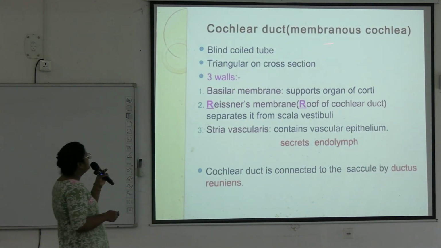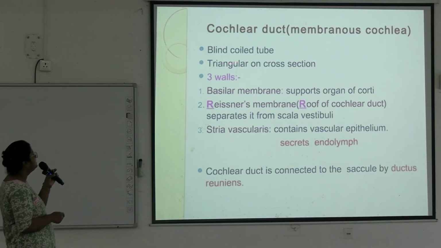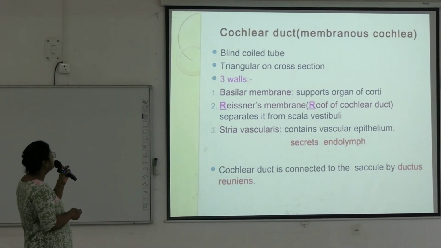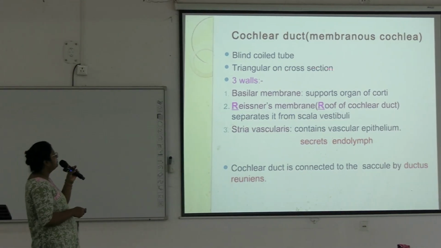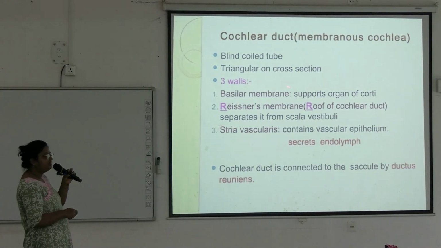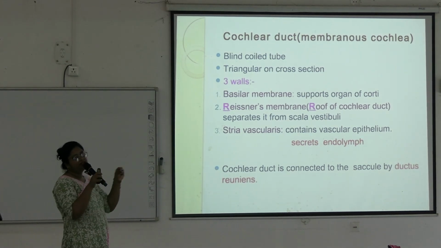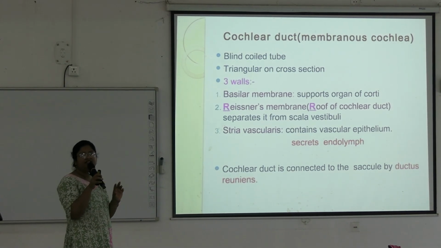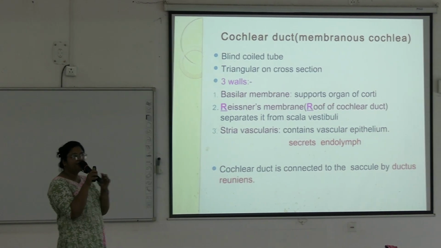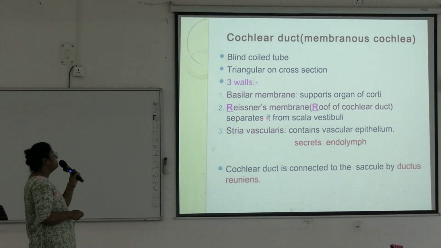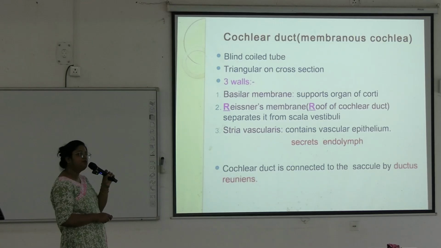So the cochlear duct or membranous cochlea is a blind coiled tube which enters into the cochlear turns. It is triangular in cross section and has three walls. The membranous cochlea mainly forms the walls of the scala media. One is the basilar membrane, which supports the organ of Corti.